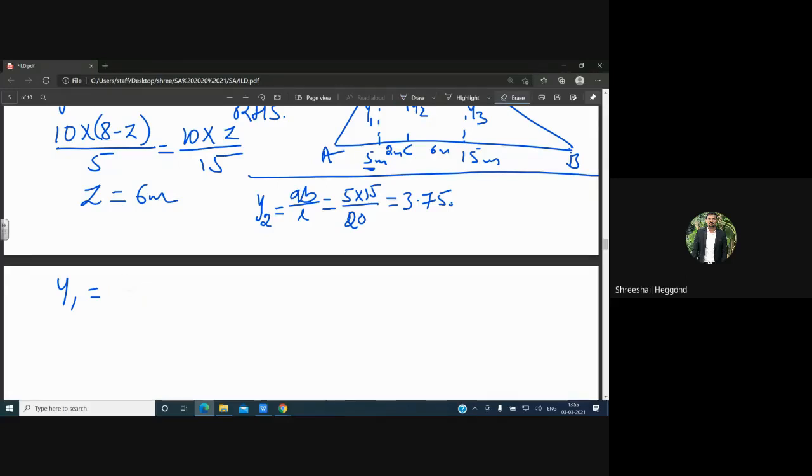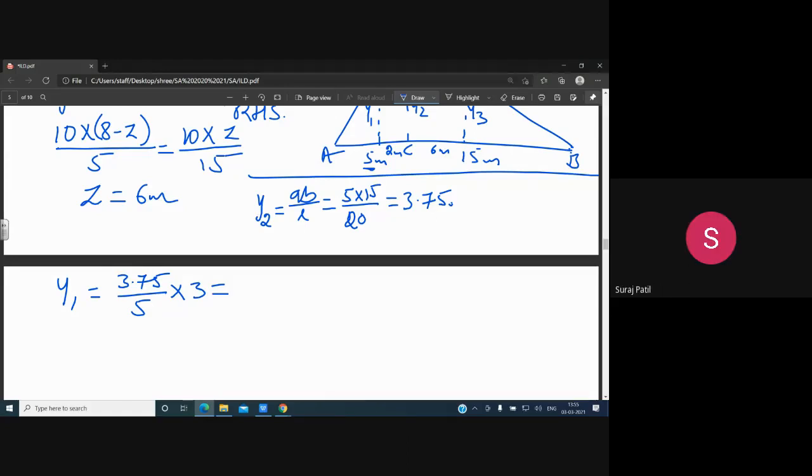It can be written with respect to Y2, that is 3.75 divided by Y1. I am calculating 5 meter into distance, which is unknown. If 2 meter is where the UDL is acting, the remaining is 3 meters. So Y1 will be how much? 2.25.